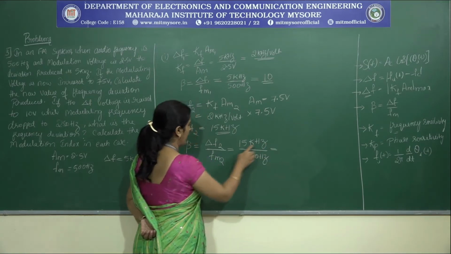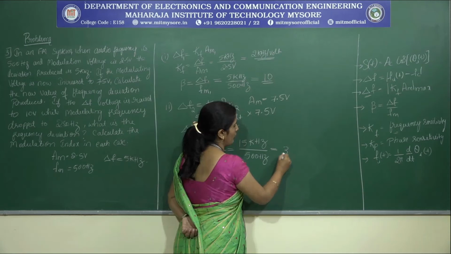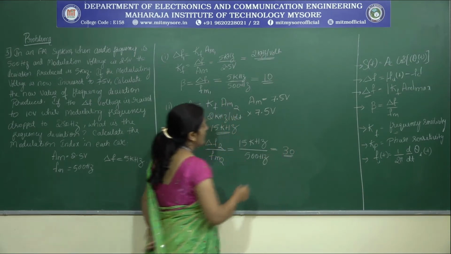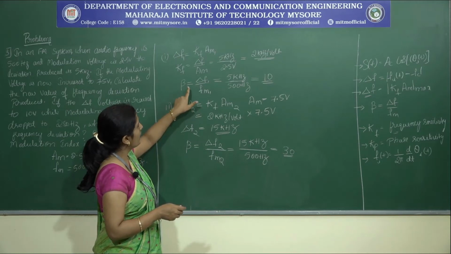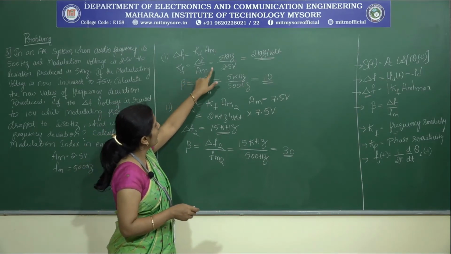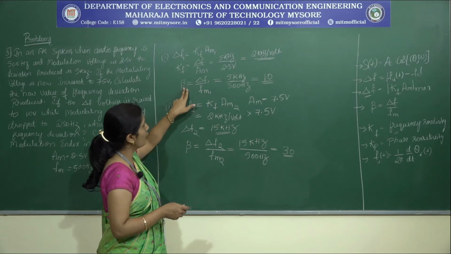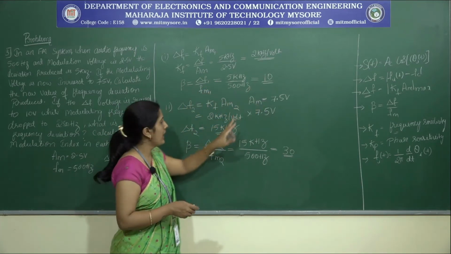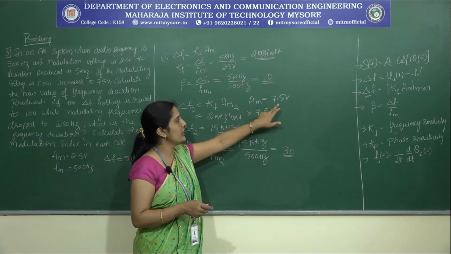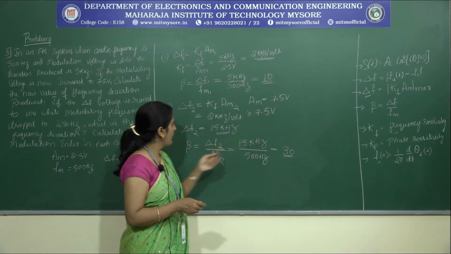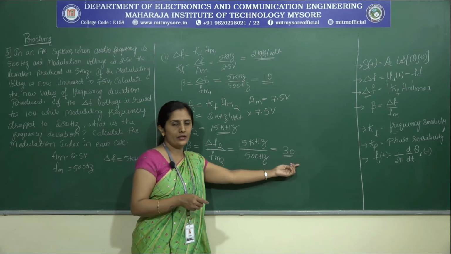After solving this equation, we get the modulation index equal to 30. So here you can differentiate: when we have the modulation voltage of 2.5 volt, we have a modulation index of 10, and when the modulation voltage is increased to 7.5 volt, we have a modulation index of 30.